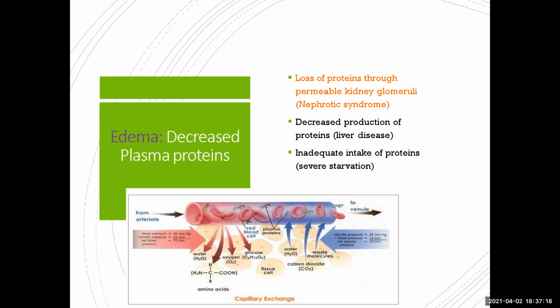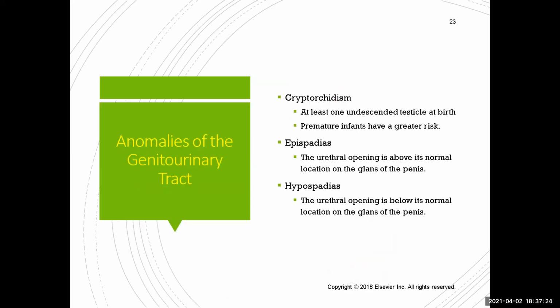Maybe the person is in severe starvation. So these are reasons why they would have a decrease in plasma proteins. Okay, so that was just a quick review of what sets up a person to have edema, and a little bit on the fluid and electrolytes.